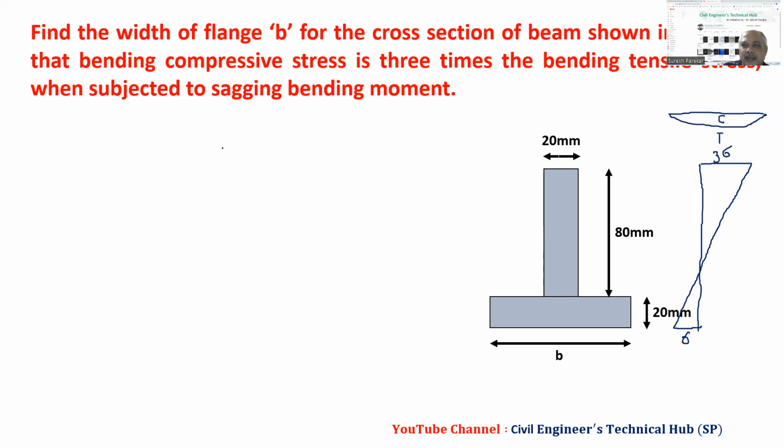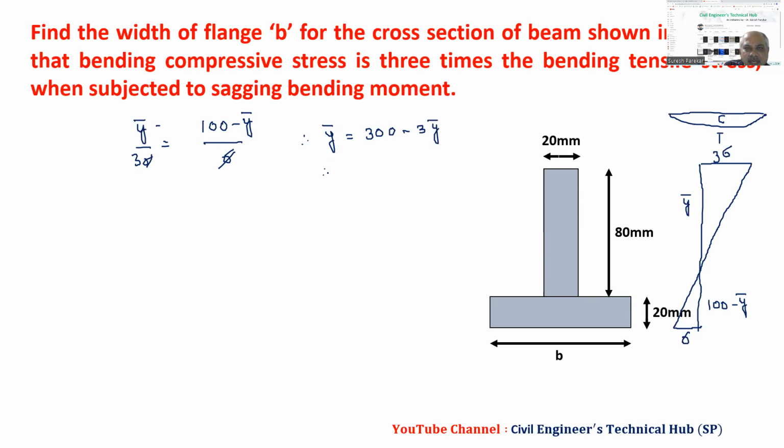And then we have to find the bending stress. So now again in the same fashion, we have this as Y bar, and this total depth we have 100. So this will be 100 minus Y bar. Then Y bar upon 3 sigma is equal to 100 minus Y bar upon sigma. And this sigma gets cancelled, and therefore Y bar is equal to 300 minus 3Y bar.